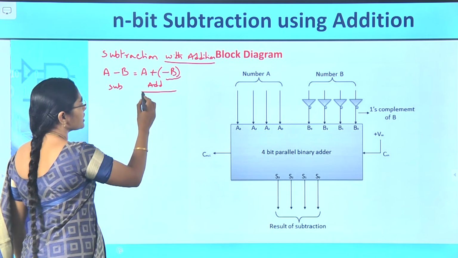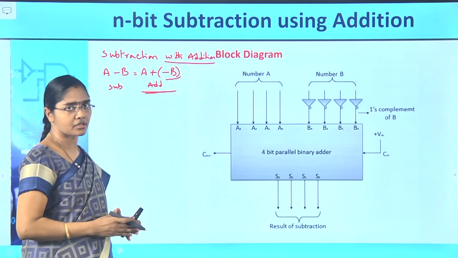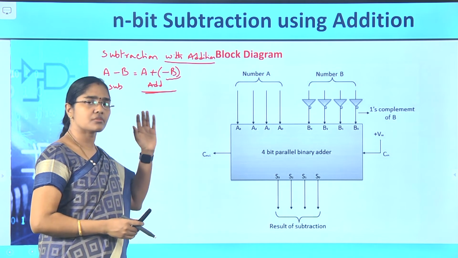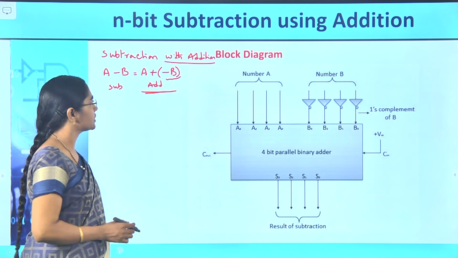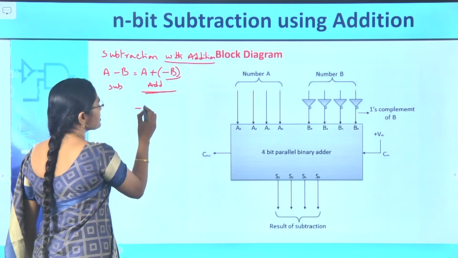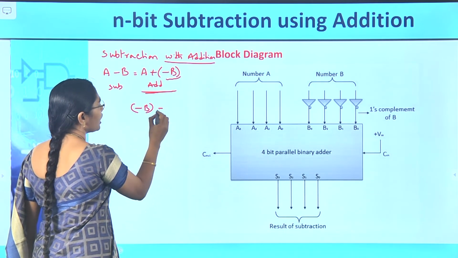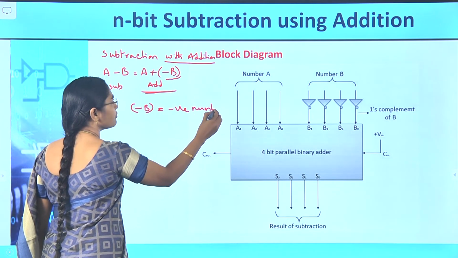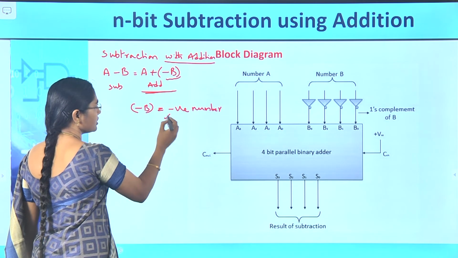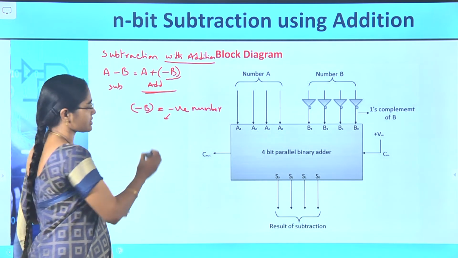So using this, subtraction can be performed with the help of the addition operation. If we do this, how is the logic diagram? Minus b is a negative number. How can a negative number be represented in binary? For negative number representation, we have complement representation.